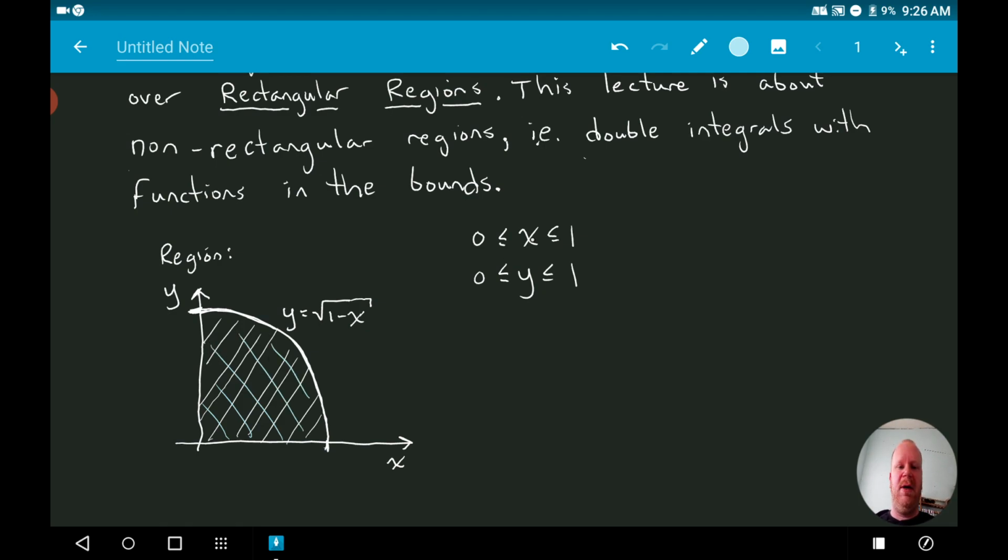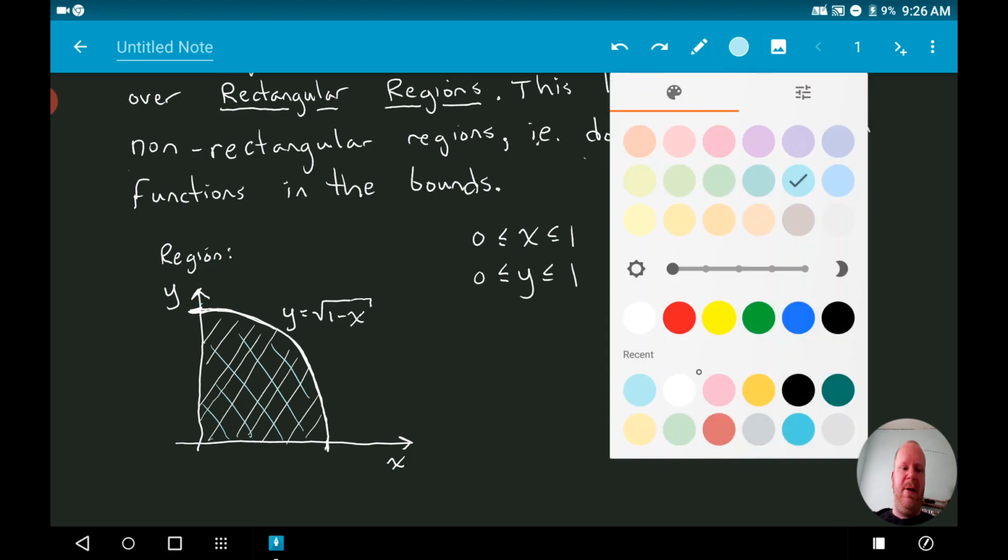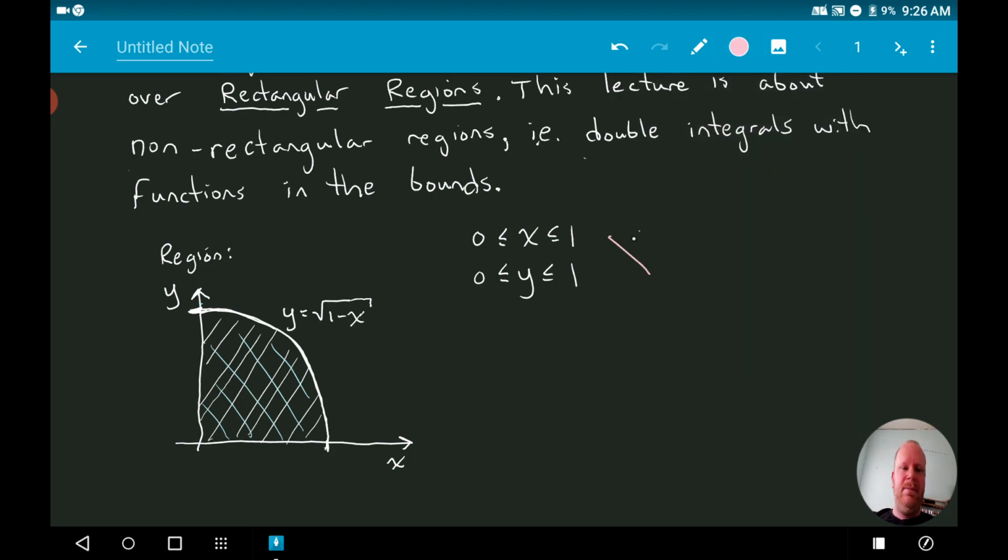If all we're saying is that x is in between 0 and 1 and y is in between 0 and 1, then we're actually just defining this rectangle. And that's not what we want. We want to cut this little region out of the rectangle. So this is not valid.